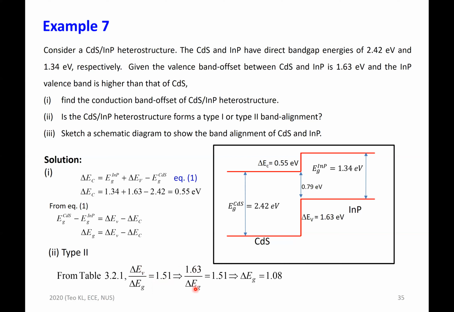Delta EG can be found if you know delta EV, because the whole equation goes 1.51. So delta EG is 1.08 eV. You can also simply take the band gaps, 2.42 minus 1.34, which gives you 1.08 eV.